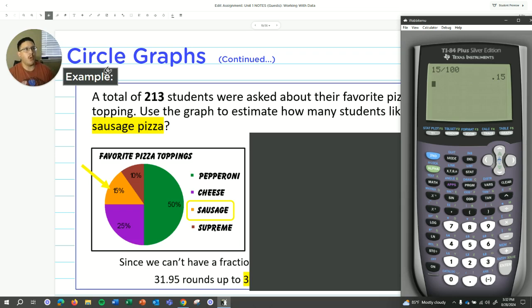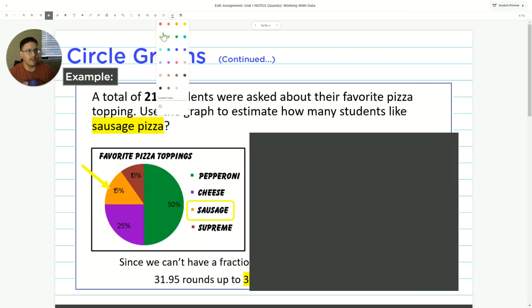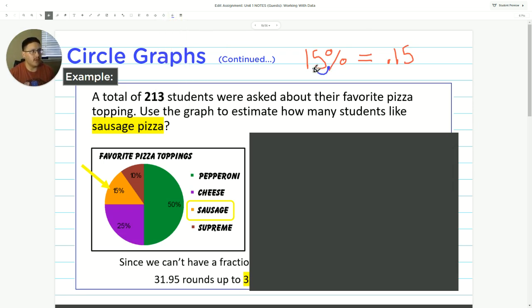That means 0.15 is our decimal form. 15% equals 0.15. Or you can move the decimal point to the left twice if you remember the shortcut, and you'll get the exact same answer. Either way, we're using 0.15 for sausage.